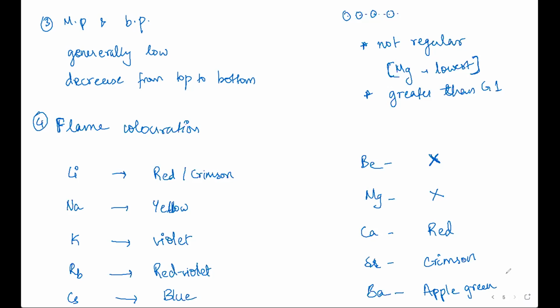Okay. So how come beryllium and magnesium don't give out any color? Does it mean that they don't burn? But you've seen magnesium burns with a really bright white flame, right? So, question to the teacher, and she said that magnesium and beryllium, both of them burn, and they give out their light.